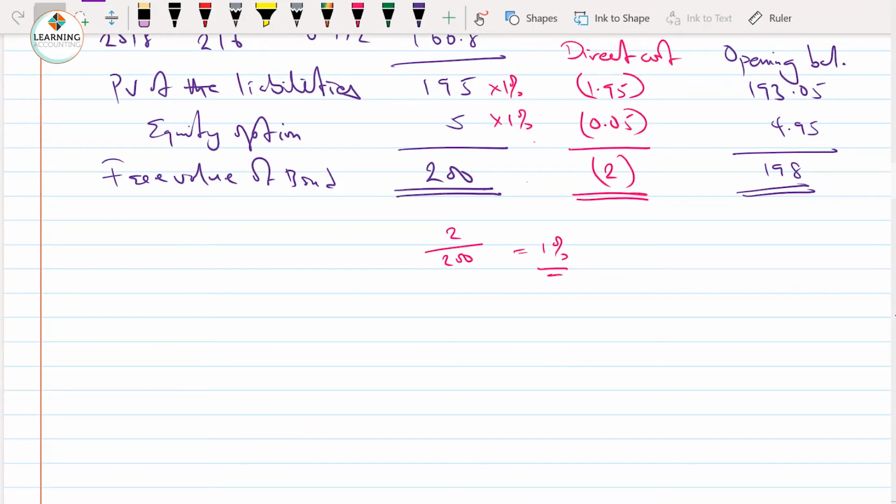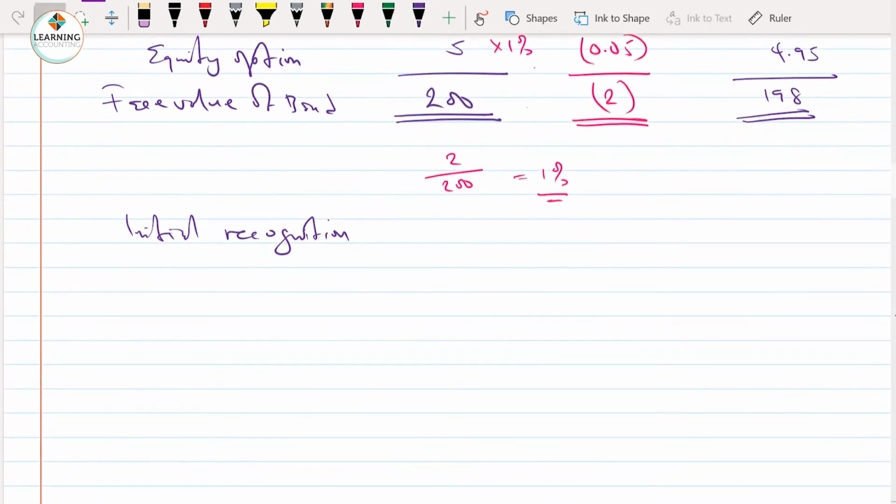Now, the initial recognition. When you consider the double entries, the first thing we do is to debit the proceeds or cash, which is the amount you are receiving, which we are saying is 200 million.